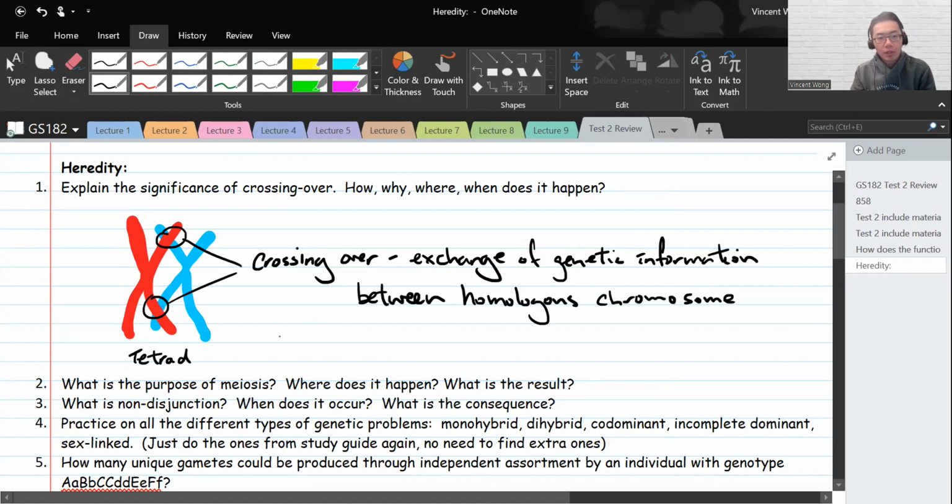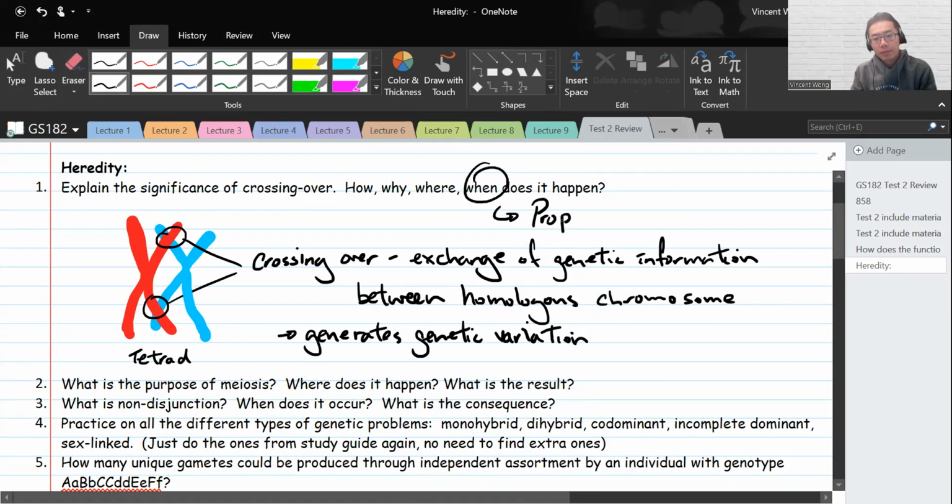Okay, this generates genetic variation. And when does it occur? It happens during prophase 1 of meiosis. Okay.